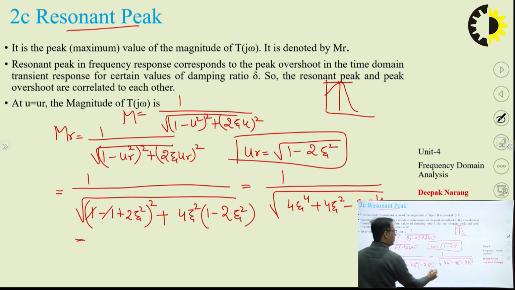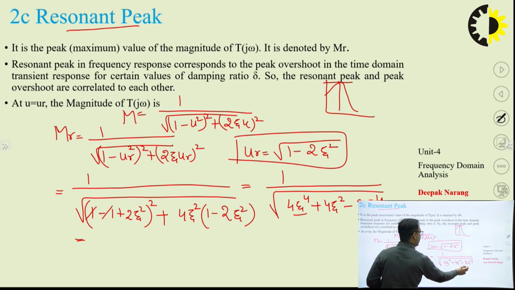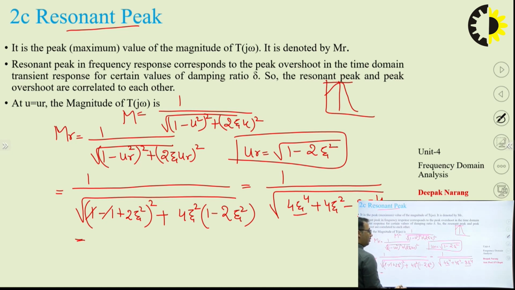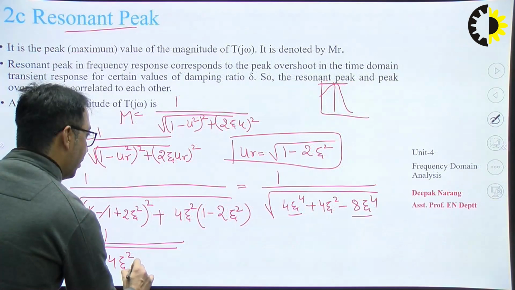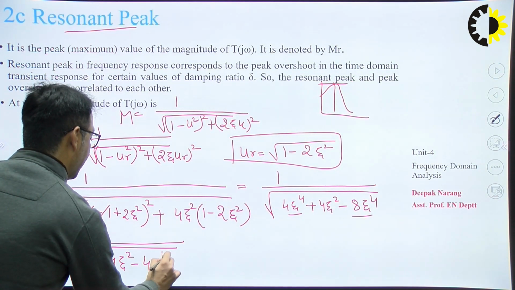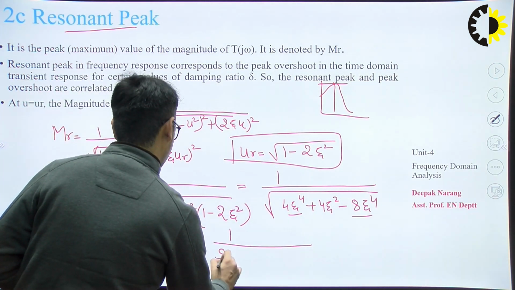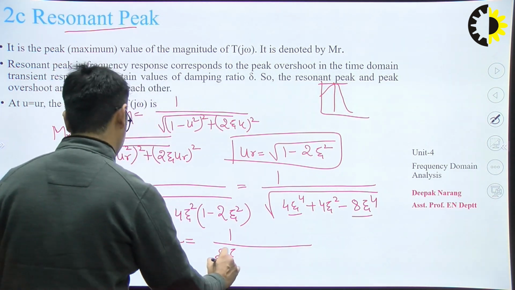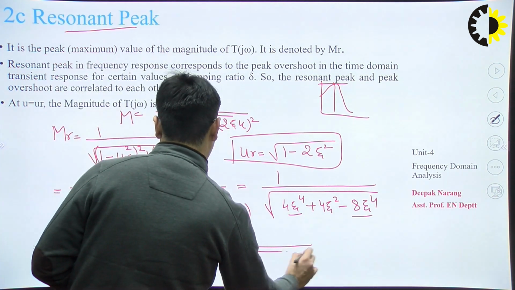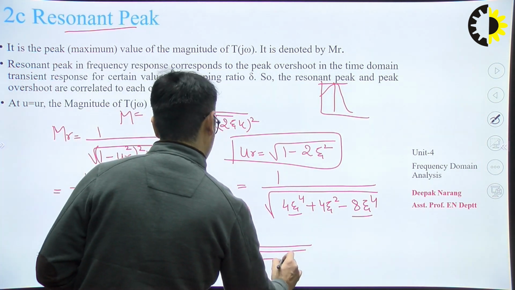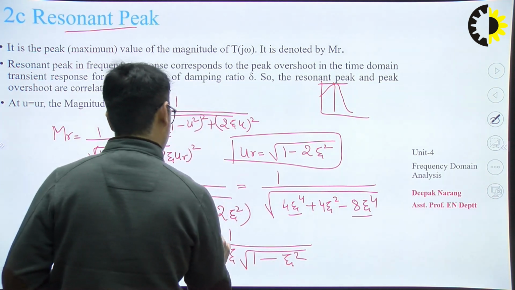By taking 4 zeta square common from this part, this can be written as 4 zeta square minus 4. So this can be written as 1 upon 2 zeta root of 1 minus zeta square.